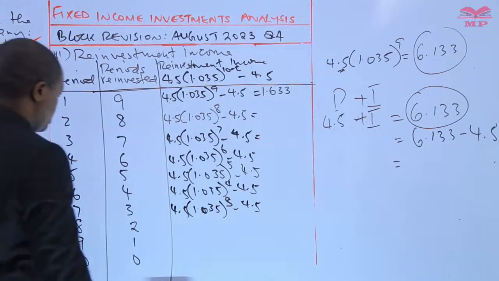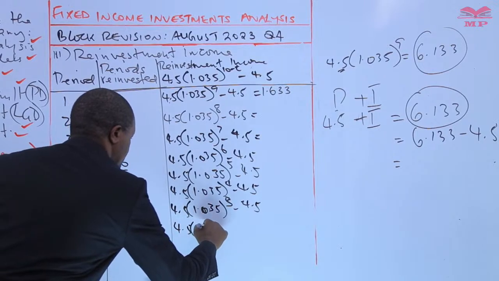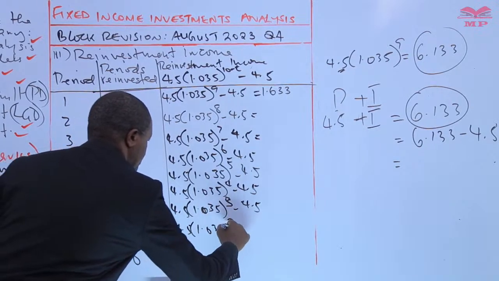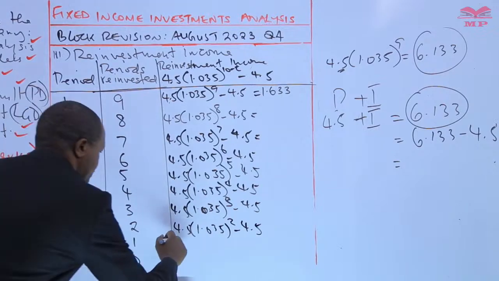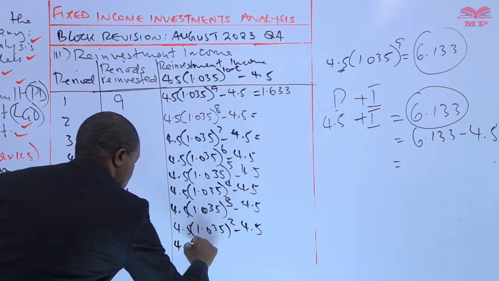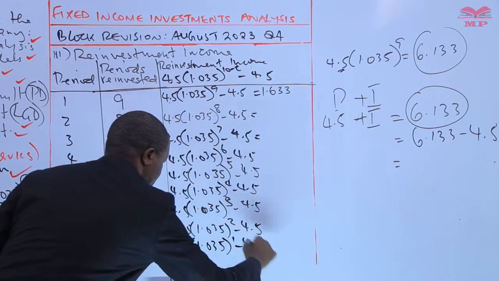Period 2, we have 4.5 into 1.035 raised to 2 minus 4.5. Period 1, 4.5 into 1.035 raised to 1 minus 4.5.